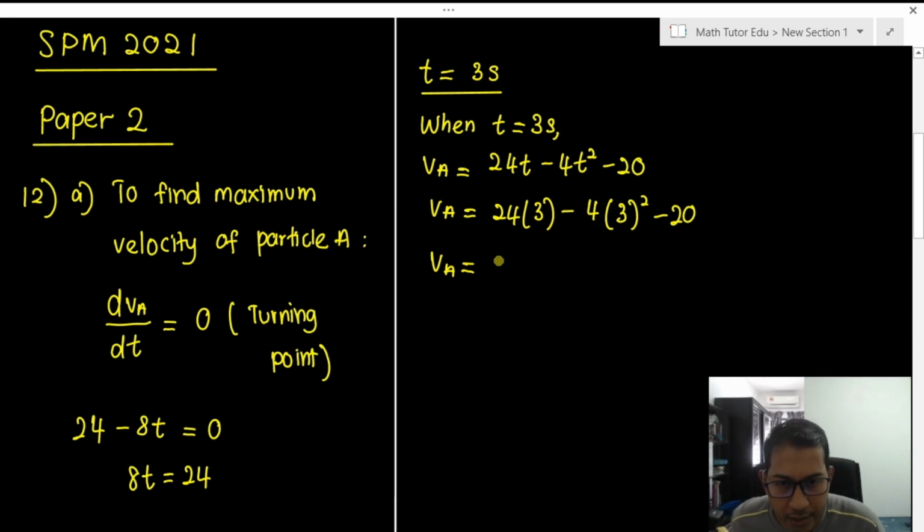So your velocity A is actually 16 meter per second. This is your answer for question part A. Let me underline the solution.